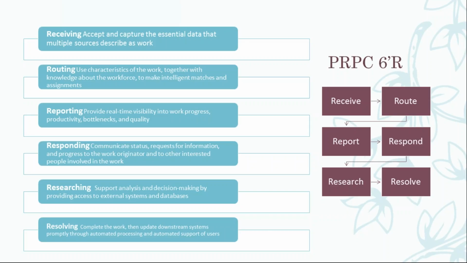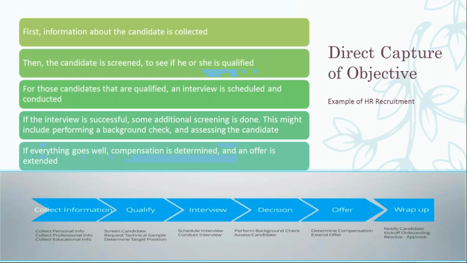And finally, after taking the medicine for 2-3 days, if you are feeling well, your case is resolved. So any business process can be accommodated with these 6 R's of Pega. Okay.